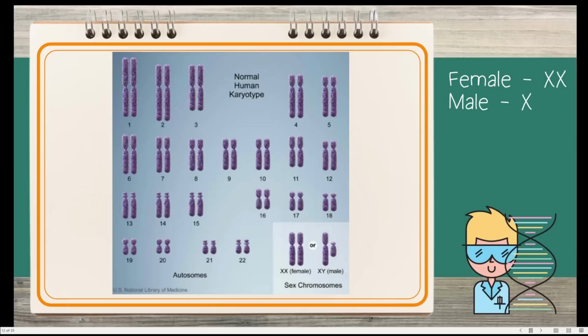So if you are a female, your sex chromosome would be XX, while if you are a male, your sex chromosome would be XY. Yan yung normal. Dapat 46 lahat or 23 pairs. So sa mga susunod na mga slide, makikita natin yung mga karyotype ng mga genetic disorder na mababanggit natin. So makikita natin kung saan sila nagkaroon ng problema.